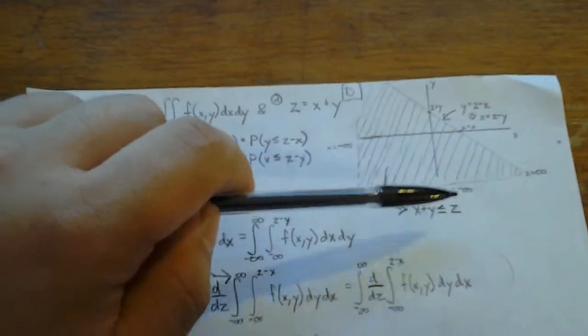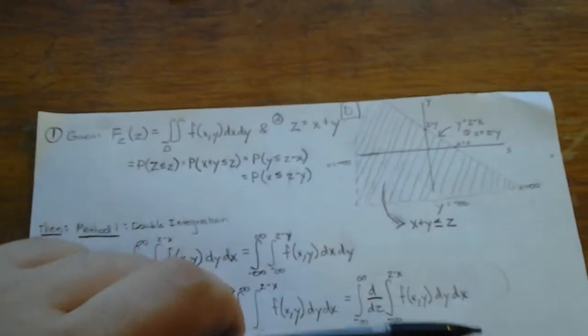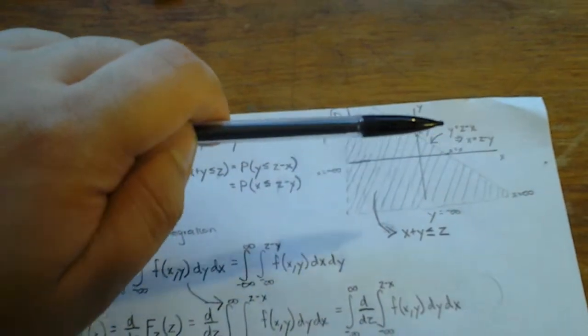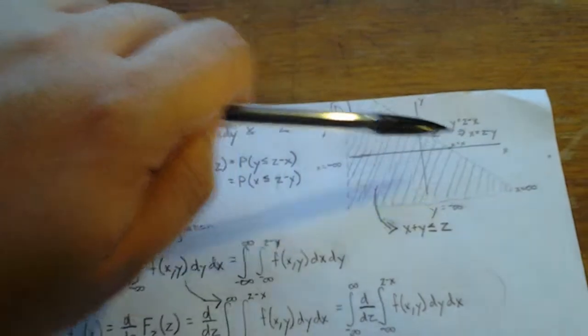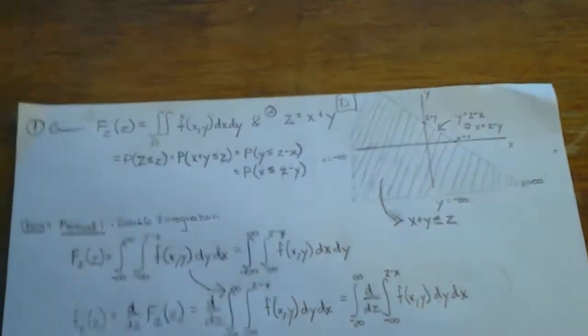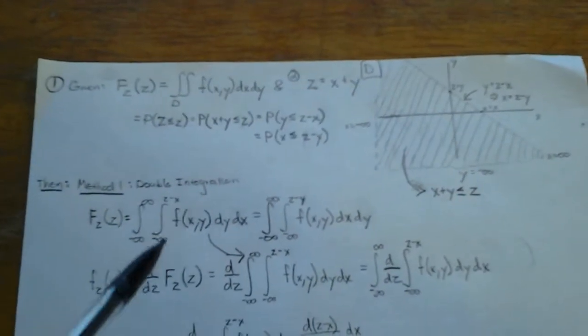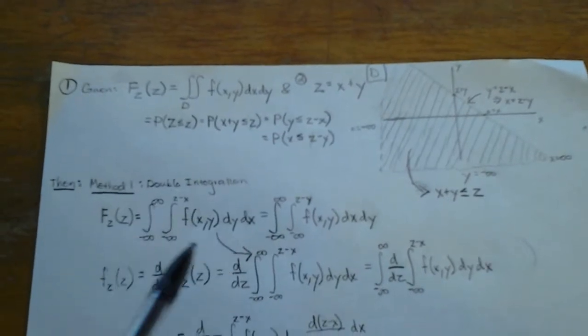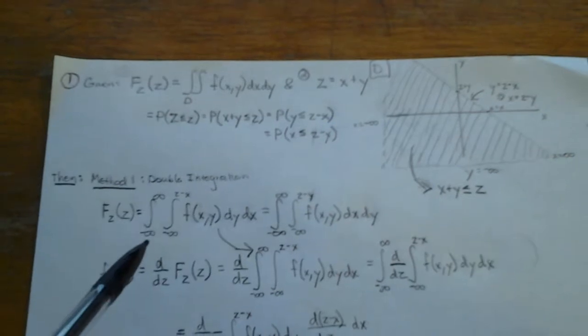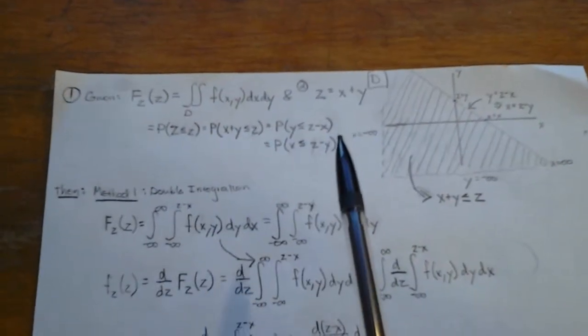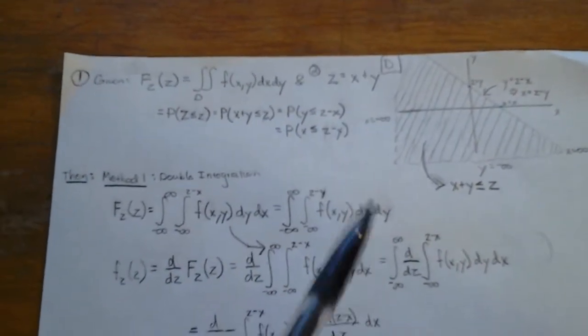So as you can see in the figure, we start at negative infinity and proceed upward, upward, upward, upward. And then in terms of y, this line is defined as the upper limit, which is z minus x. And then after we evaluate that integral, the inner integral right there, we can go on to work with the x variable from negative infinity to positive infinity.